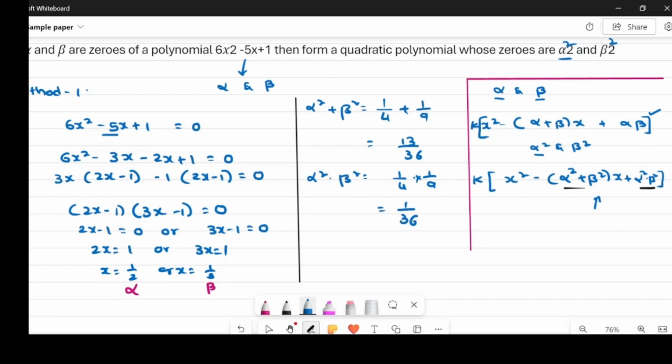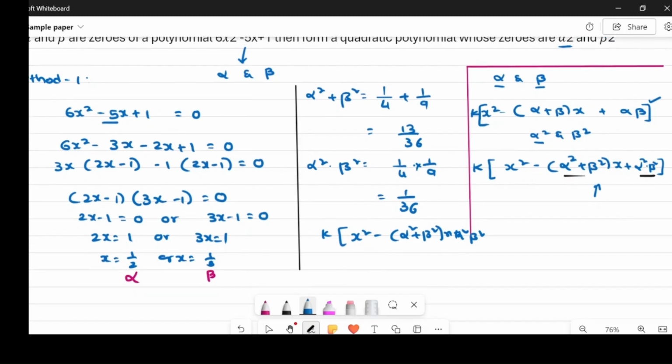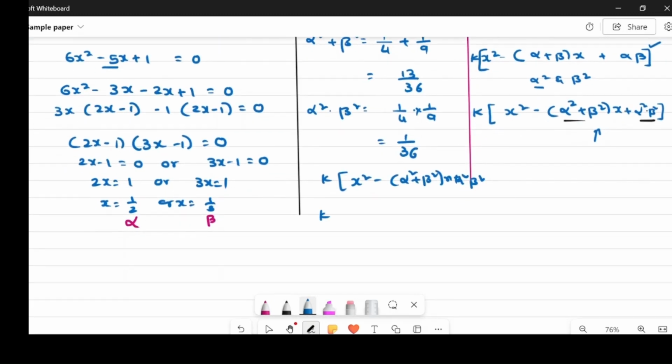Now just substitute these values. So the required polynomial will be k into x square minus alpha square plus beta square into x plus alpha square beta square. So it will be k into x square minus 13 by 36 x plus 1 by 36. We can take 36 as LCM, that will be 36x square minus 13x plus 1 by 36.